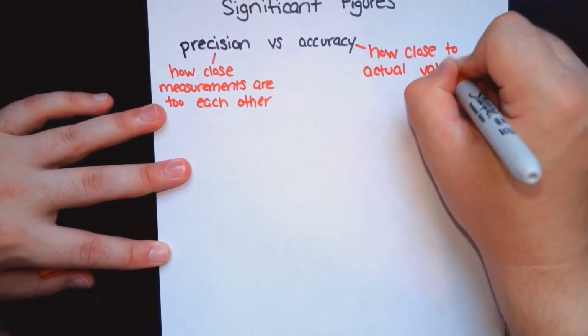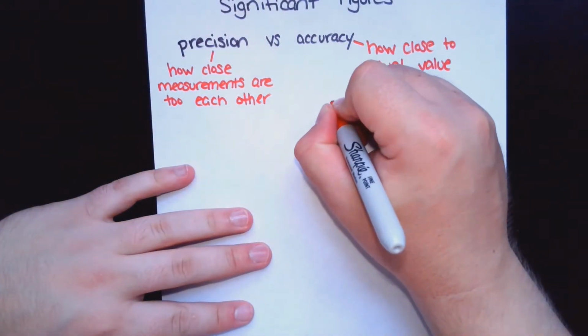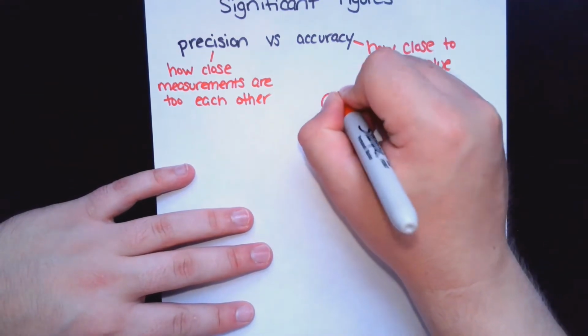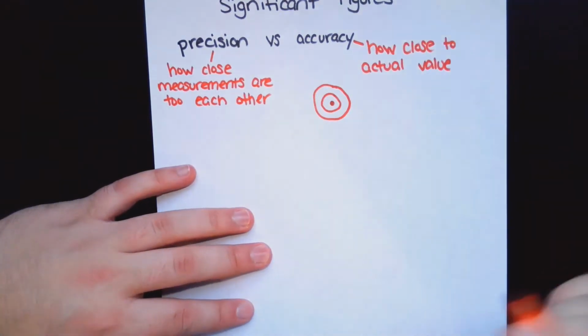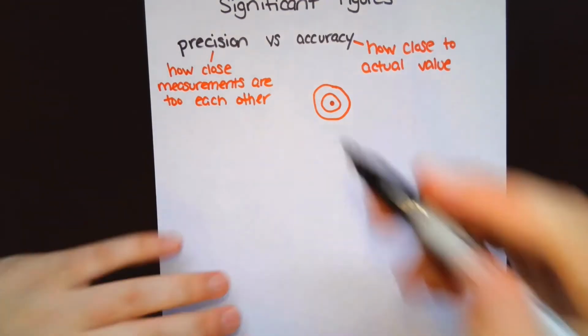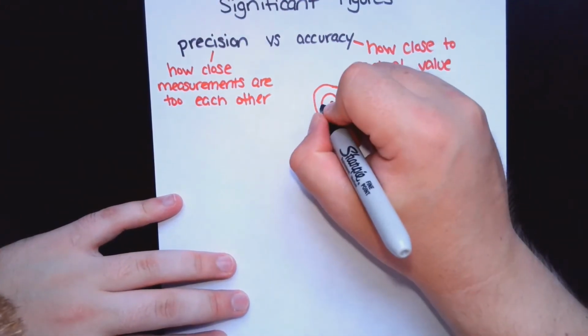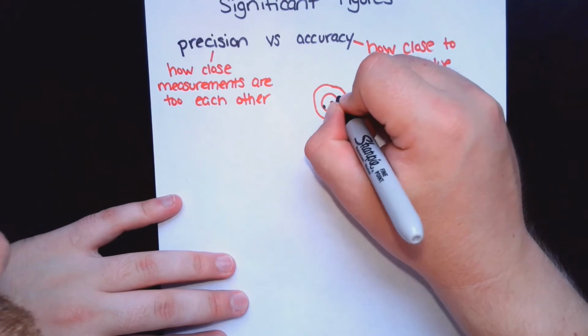And the most common depiction of this that you'll see is with a dartboard. So let's say we have a dartboard here. I'm not going to draw out all the triangles and everything, but you get the picture. So you throw 3 darts, and you're trying to hit the bullseye. Let's say you hit the bullseye on one, and the other one goes here, and one goes here.